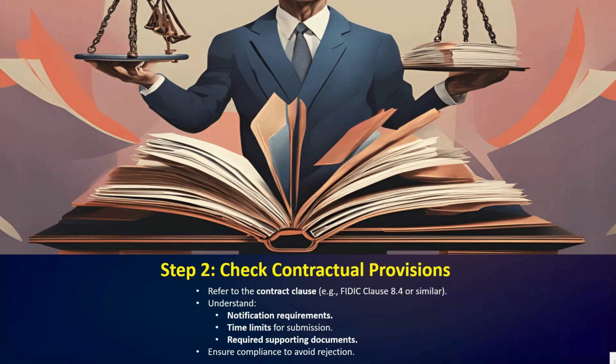Third, required supporting documents such as detailed explanation and supporting evidence of delay. Last, ensure compliance to avoid rejection. Failure to follow these rules is one of the most common reasons EOT claims get rejected. So this step is extremely important.